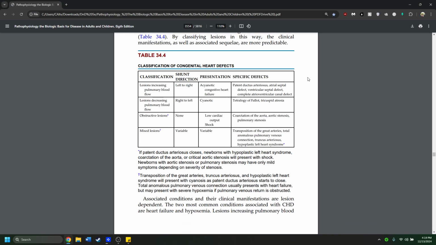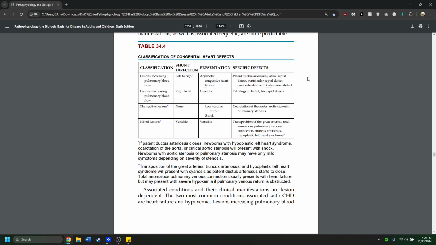So then, I found this on the web. There is a classification of congenital heart defects here. Lesions increasing pulmonary blood flow, left to right, can cause congestive heart failure.